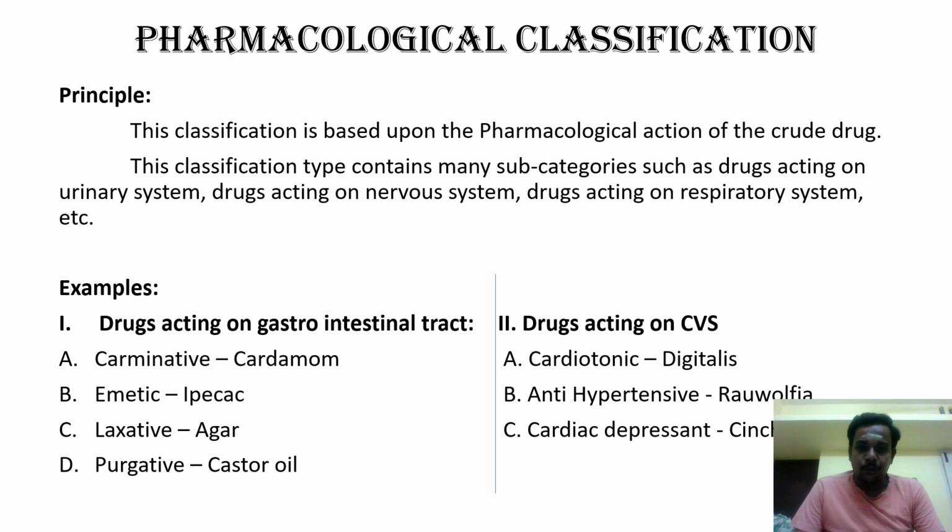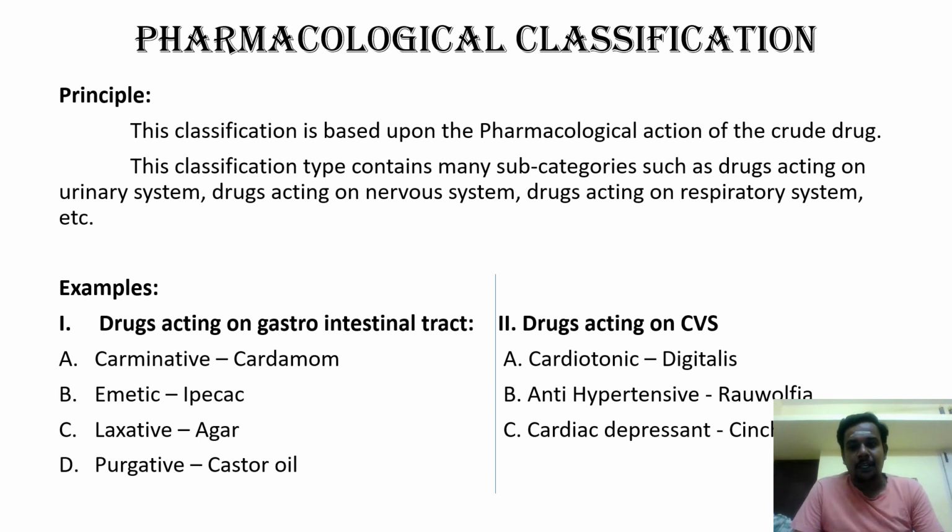So here there will be many more subcategories, and each subcategory denotes a system in our body. The crude drugs which are acting on our urinary system will come as a subcategory. Those acting on our nervous system will come as a subcategory.